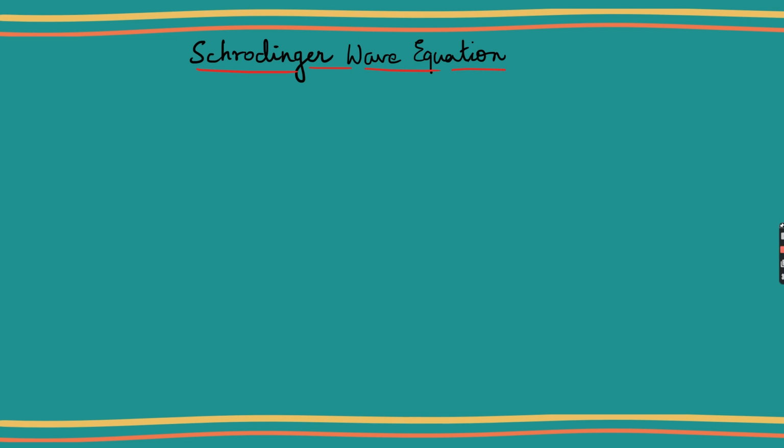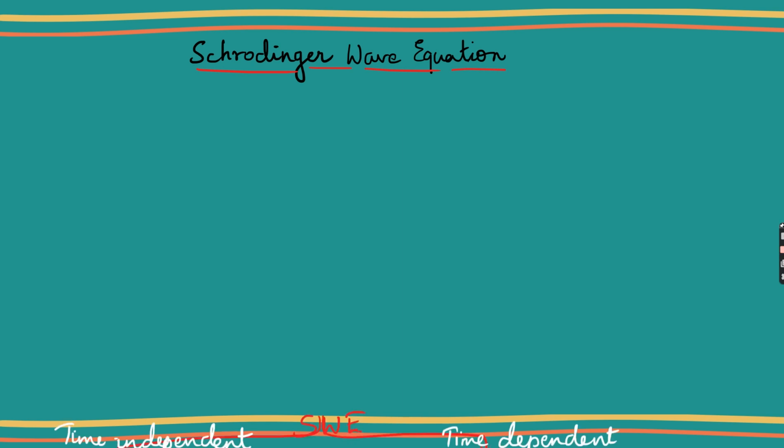So we have the Schrodinger wave equation, which contains the wave function. On solving it, we get the wave function, and later an operator operates on that wave function and we collect the information about the particle. So this is the basic thing.